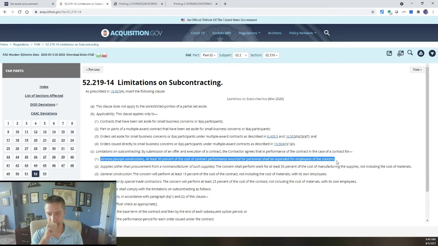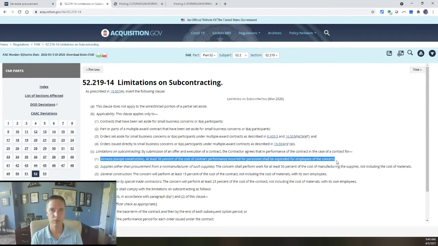Okay. Now, there might be some flexibility, but the general rule of thumb is that means your W-2 employees, so employees that actually work for your company, not 1099s, not subcontractors, right?